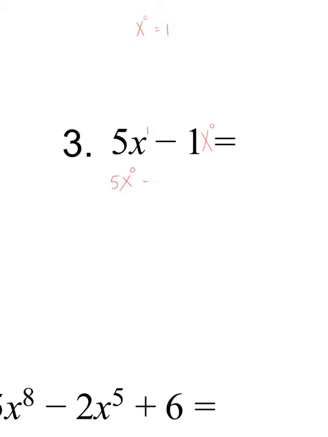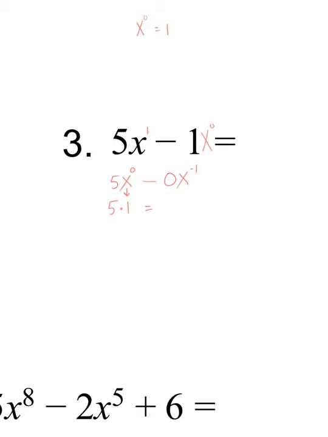Now we keep going. The second term, 0 times 1 is 0. And then 0 minus 1 is negative 1. Now, this 5 comes down. We know that x to the 0 is 1. Over here, we know that 0 times anything is 0.